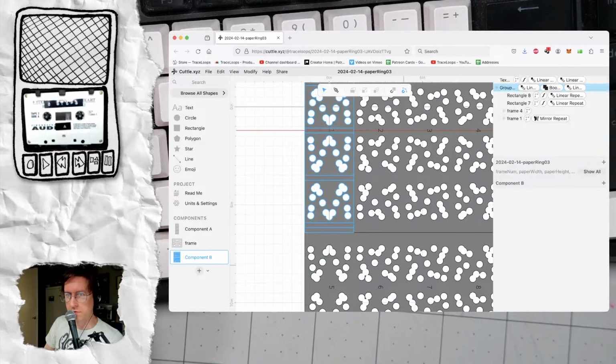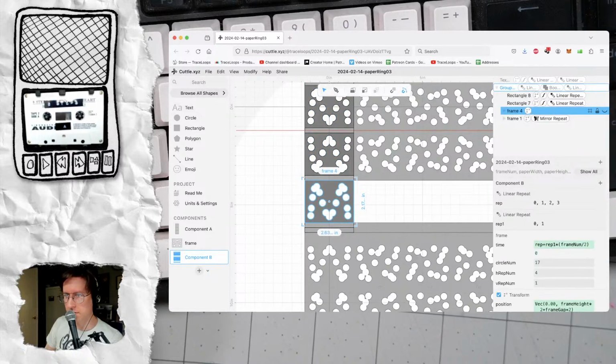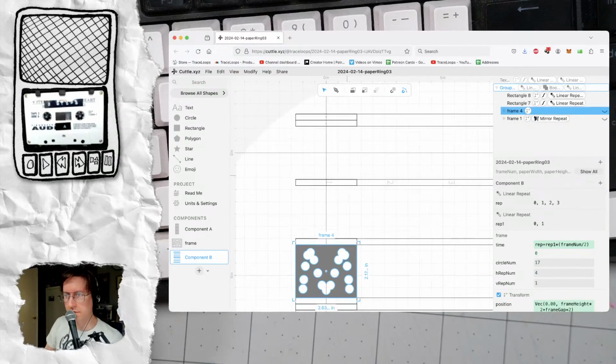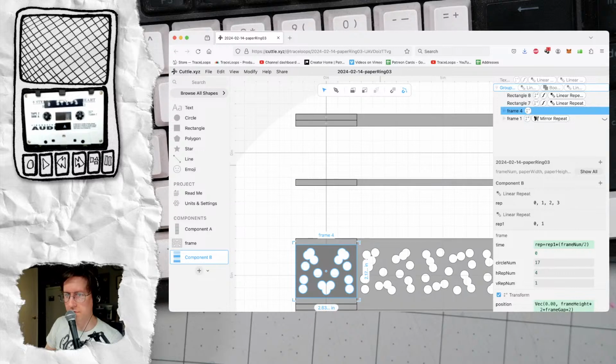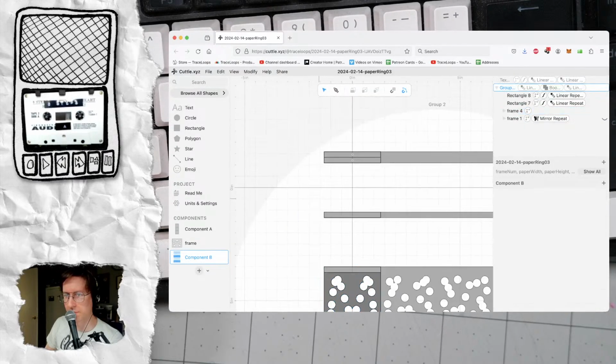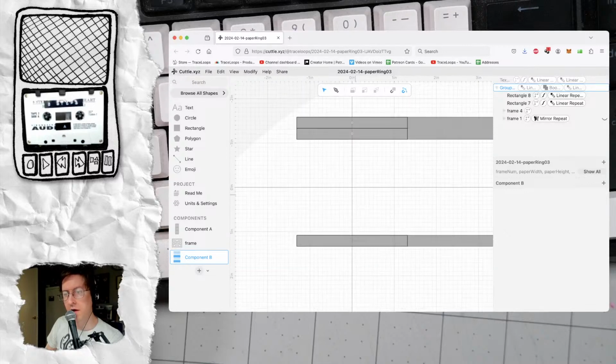The other thing that I need to add, let's see if it's even just having this, it's fine. It's really that mirror. I don't know why mirroring things is such a pain.